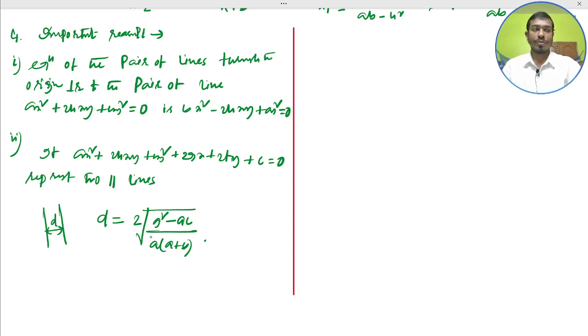So we now complete our chapter summary in a nutshell of the straight line and the pair of straight lines.